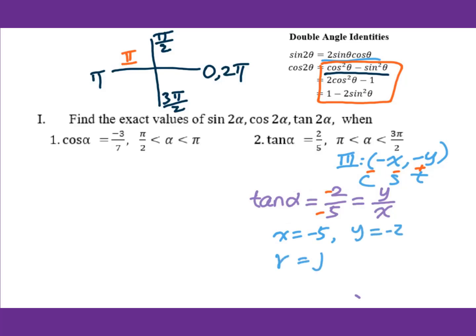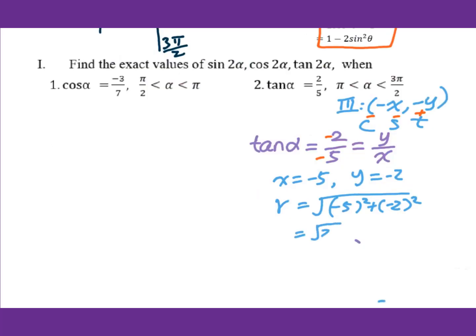R equals the square root of negative 5 squared plus negative 2 squared. We get square root of 29. For sine alpha, y over r means negative 2 over square root of 29. For this question, leave it as it is. Don't try to simplify, because when we square, we don't want a really big number.